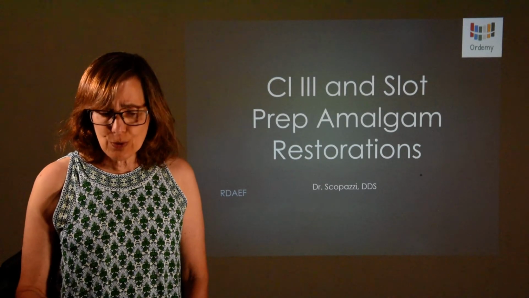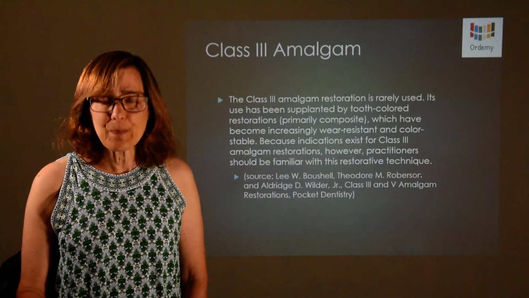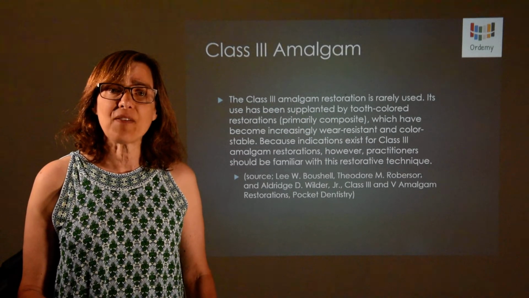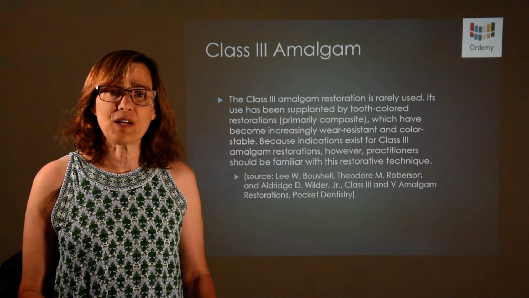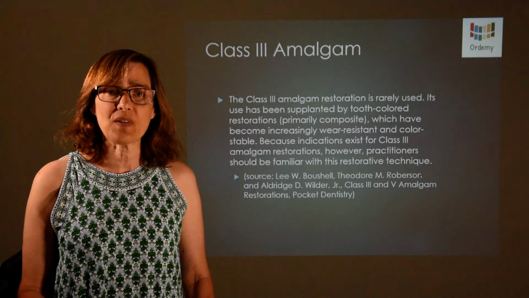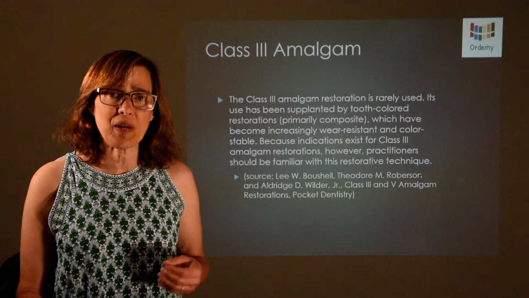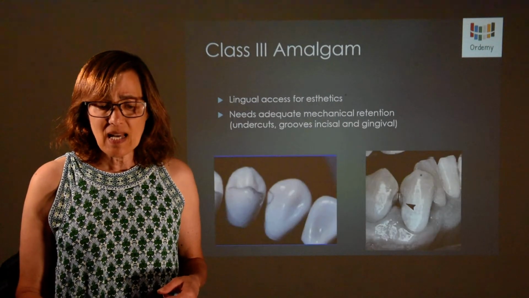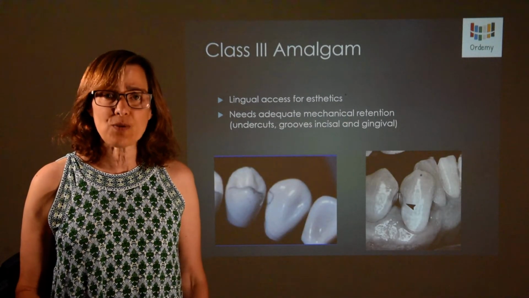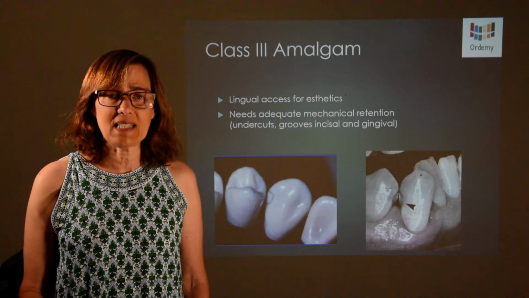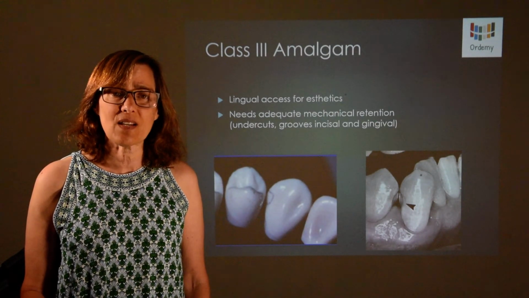In order to understand the preparation and the fill of the Class 3 restoration with amalgam, you must understand how the dentist prepares the tooth. Class 3 restorations are specifically located in the anterior teeth.